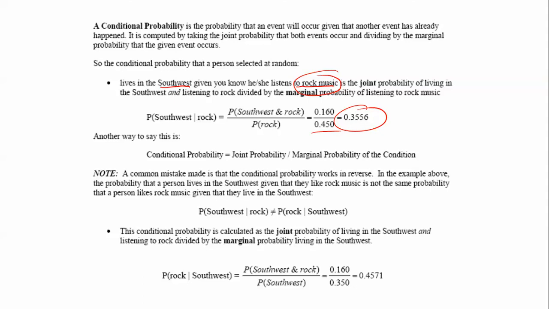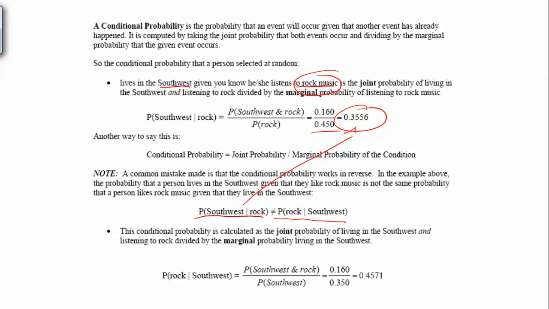Now, it's a common misconception to think that you can switch the conditional statement with the event that you are looking for. So, for example, if I wanted to know the probability that a person lives in the Southwest given that they listen to rock, I find that it's 35.56%, or a little bit more than a third of the possible subset.